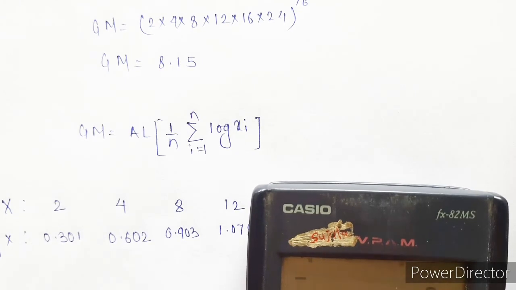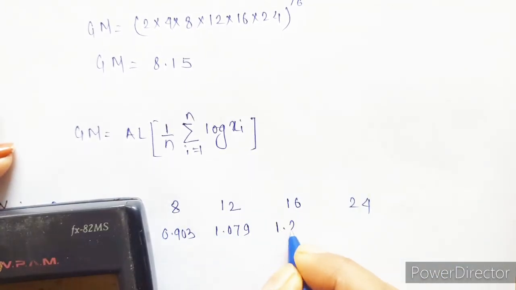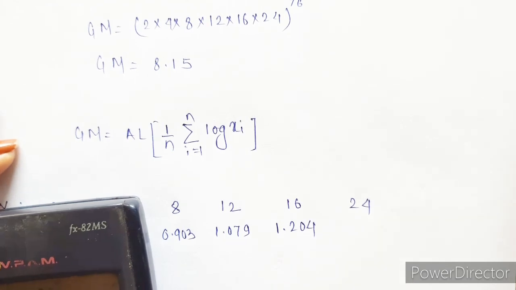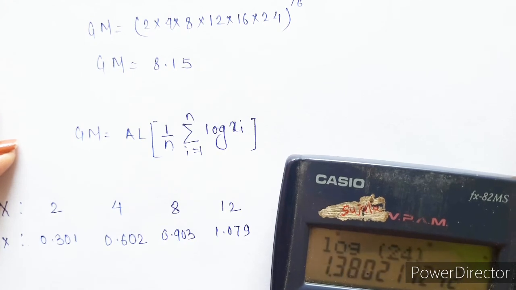Next, log of 16 is 1.204. And the last one is log of 24, which is 1.38.